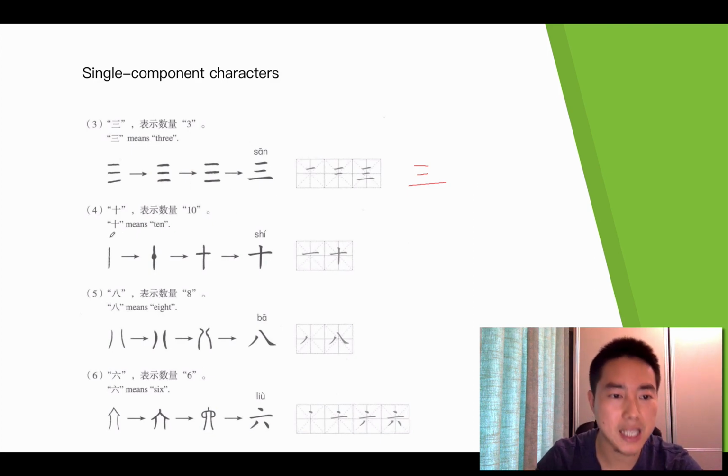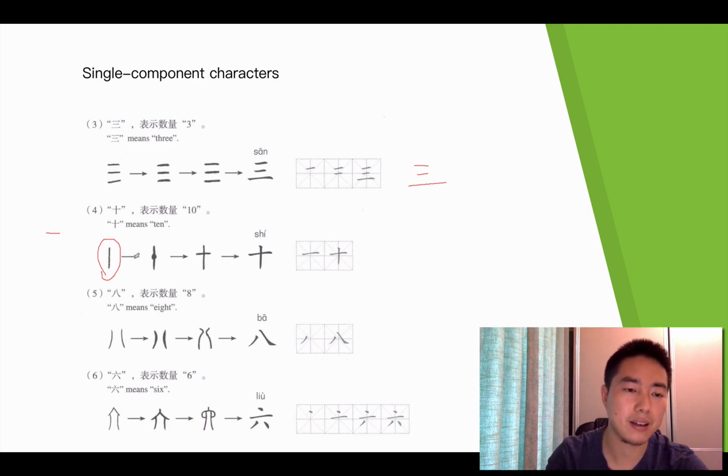So for 10, if you notice, the old form is just a horizontal. So our ancestors made 10 a vertical, but it's still confusing, right? Because sometimes the vertical can be easily placed in the horizontal direction, so it becomes a little bit misleading.